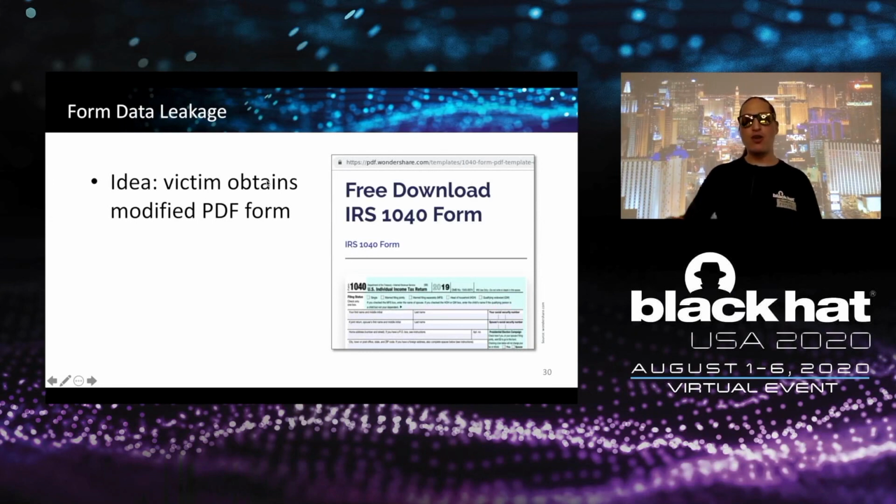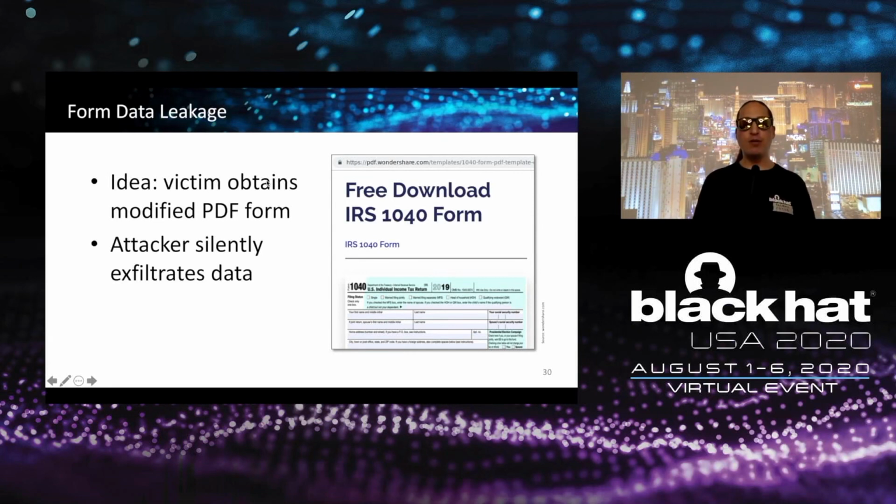Even so, you do not want arbitrary websites to see the input data for the tax form. And also, they have to be manually signed anyway to be accepted by the IRS, right? Now, what if this tax form is manipulated in such a way that it silently in the background exfiltrates data without the user noticing and sends the user input data to the attacker's server? How could we do this?